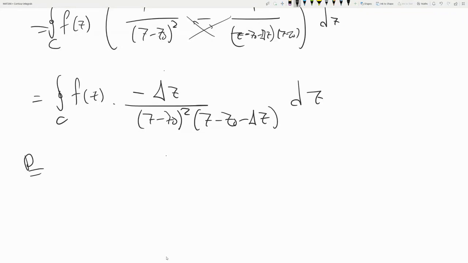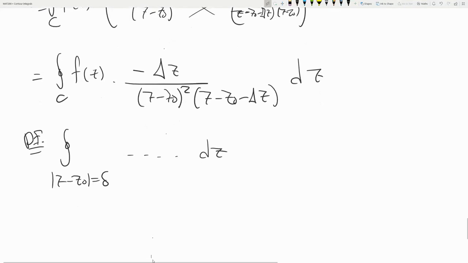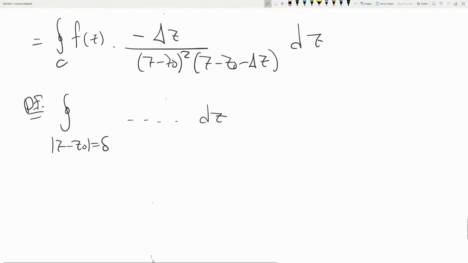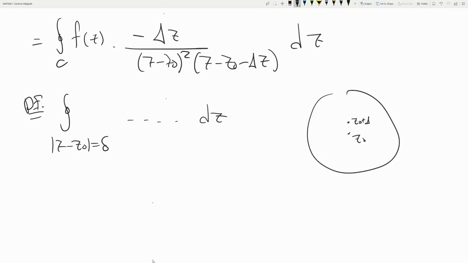Again, do deformation of contour. So we have c minus z naught equal to delta. Okay, and same stuff. So this is z naught, and over here we have z naught plus delta z, and this is z.